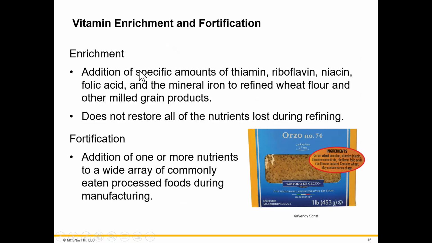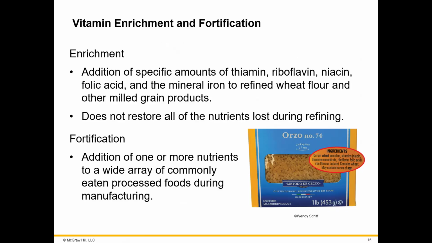So, the term enrichment is where you have the addition of these vitamins that were originally taken out or lost during the refinement process. So when you take the wheat, for example, when it is processed, oftentimes they remove the bran, they remove the germ, they're removing that very nutritious inner germ layer, and you're left with just the endosperm carbohydrate.